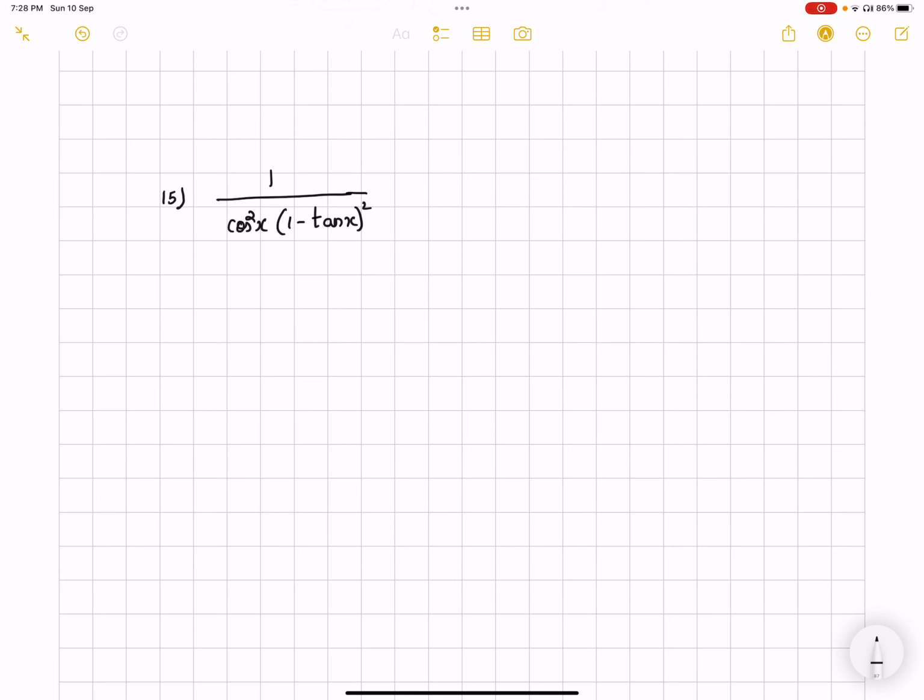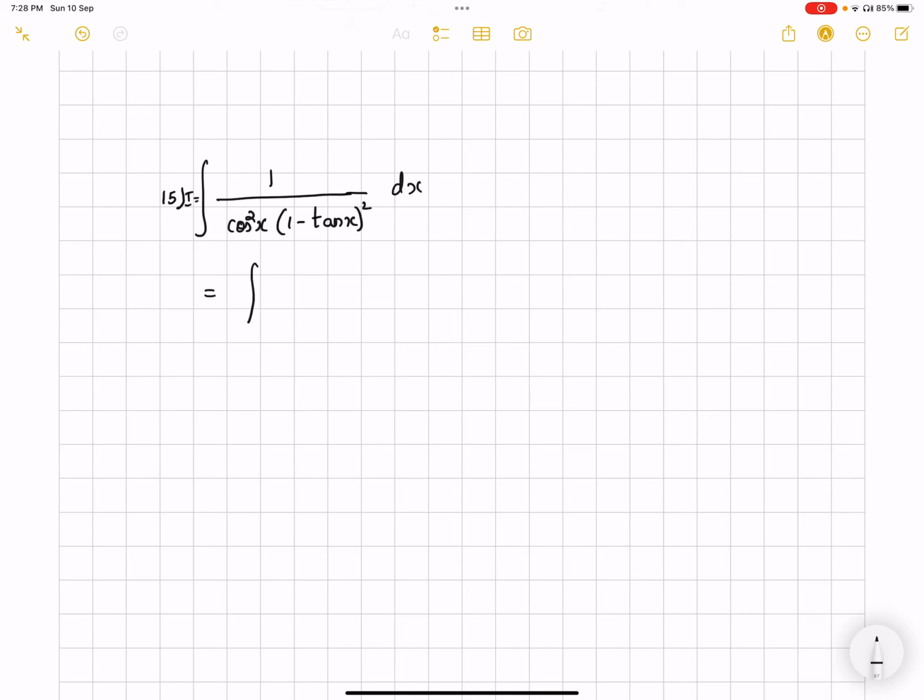Now let's move on with the last question which we have. Here we have 1 by cos square x into (1 minus tan x) the whole square. We have to integrate it. So I is equal to, which one to consider as t? When I consider something which is in a bracket, let me give preference to that. If I consider 1 minus tan x, when I differentiate it, I get secant square x. Do I have secant square in my question? Obviously, I have 1 by cos square, which is nothing but secant square.